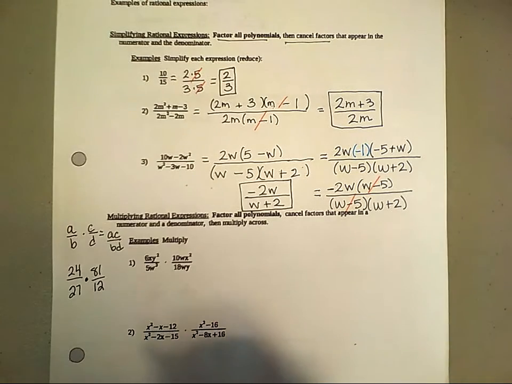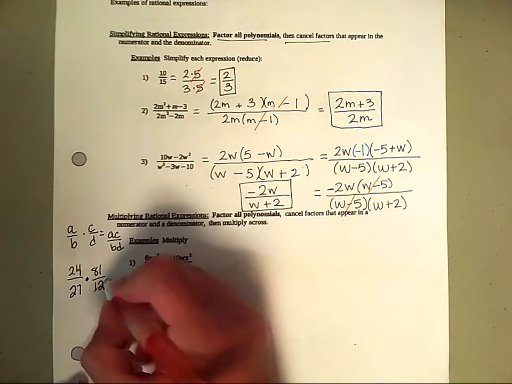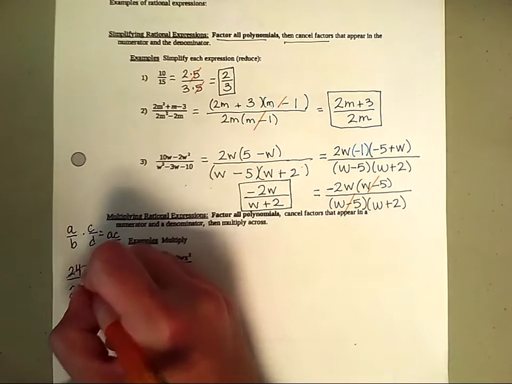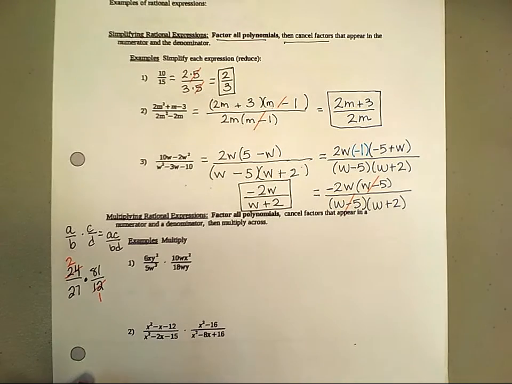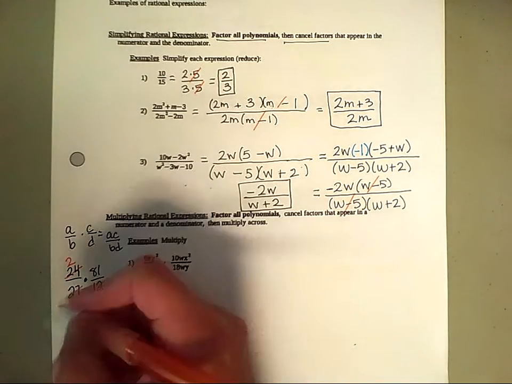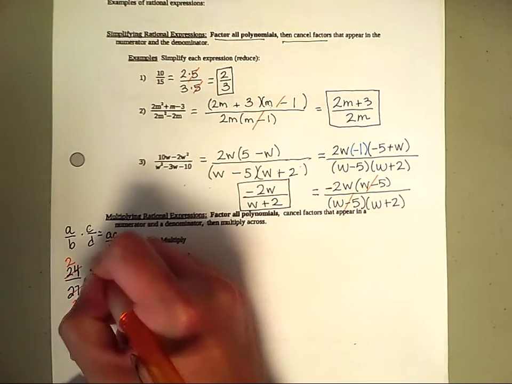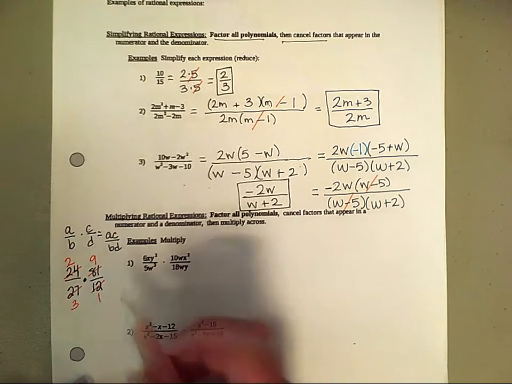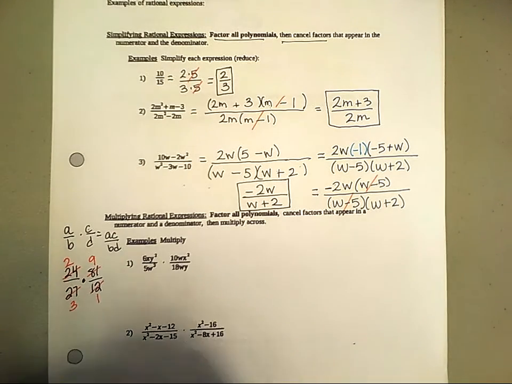It would be easier for me to say 12 goes into itself once and into 24 2 times, while 9 goes into 27 3 times, and 9 goes into 81 9 times.